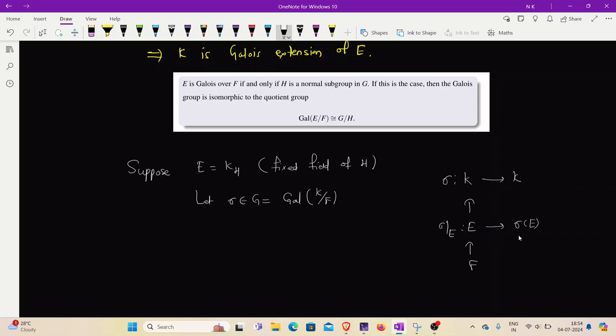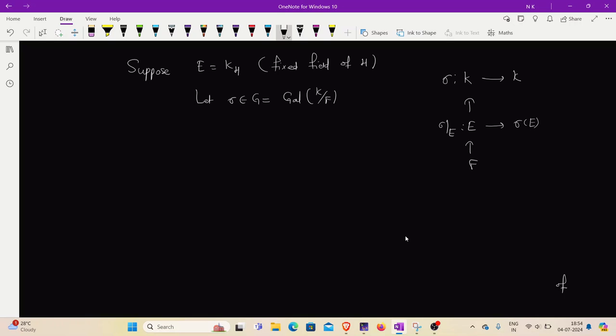Conversely, what I will try to show is that every embedding of E is nothing but a restriction of some automorphism. For that, let me first assume some embedding.